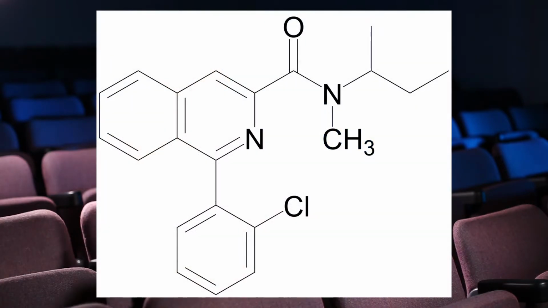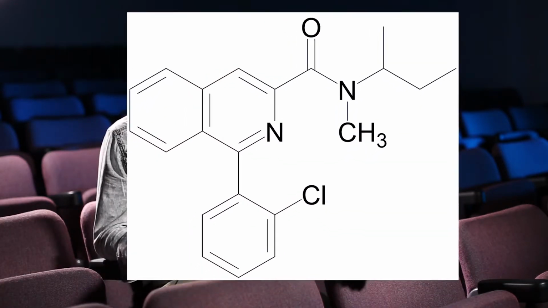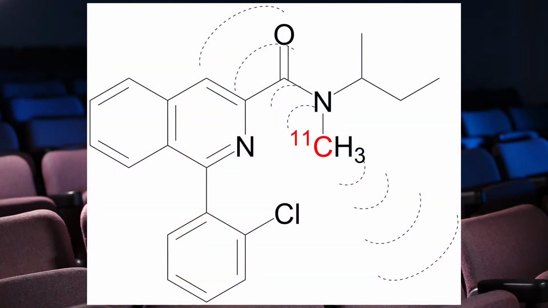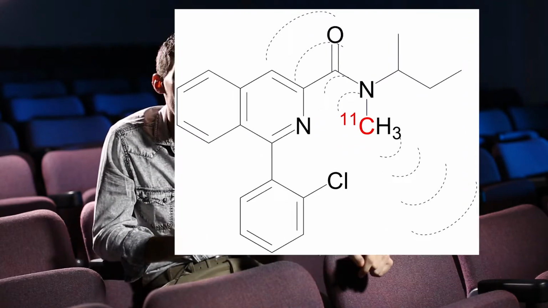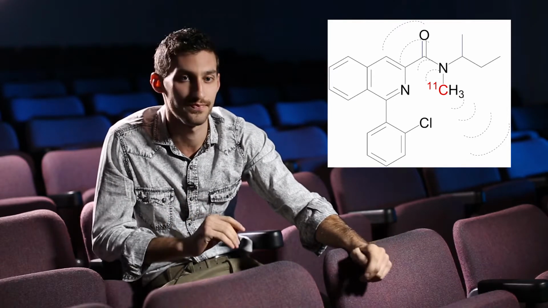So one thing that we can do is take a molecule such as the one that you're seeing on the screen, and make an exact copy of this molecule with a radioactive isotope in some part of the molecule, like for instance this other molecule that you're seeing on the screen, where we have substituted a carbon for a radioactive carbon in the exact same position, which allows us to retain the exact functionalities of the molecule.